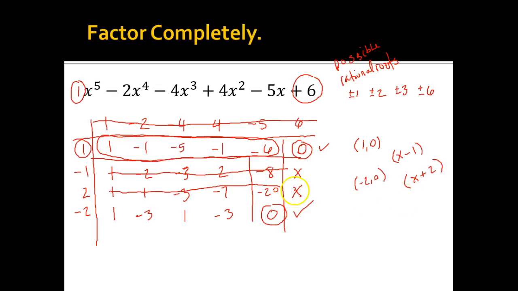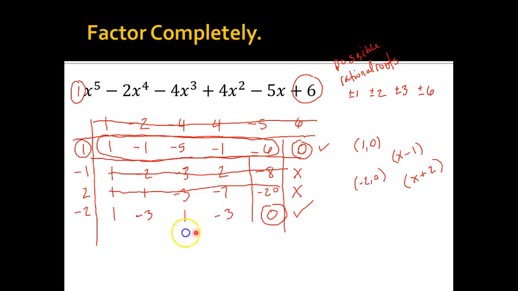Now notice what's happened. Now we have a whole new set of numbers, the coefficients that we're going to use. We're going to stop using these 5 numbers up here, and we're going to start using these 4 numbers that are left over. This represents x to the 3rd power minus 3x squared plus x minus 3.